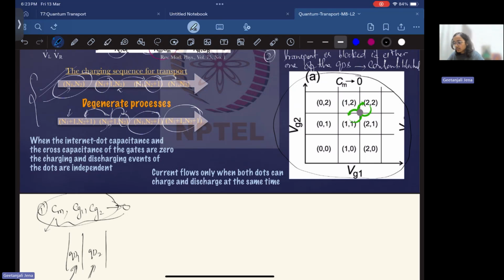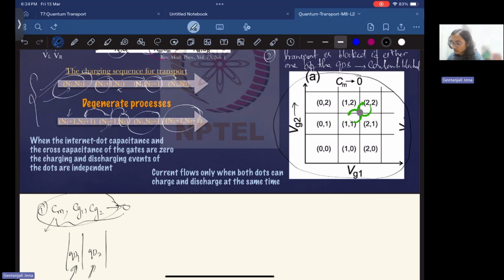Because the charging and discharging effects of the quantum dots in this case are totally independent, since Cm, Cg1 and Cg2 are completely 0, we can see that if we vary Vg1, only the energy of quantum dot 1 gets changed.